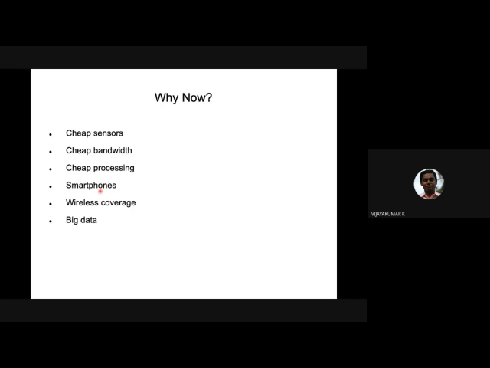Everyone has smartphones with internet connections and wireless coverage, and because of the smartphones we are getting wireless coverage that is getting cheaper. The telecom companies are going to go bankrupt soon, so they are planning to hike the tariffs now.